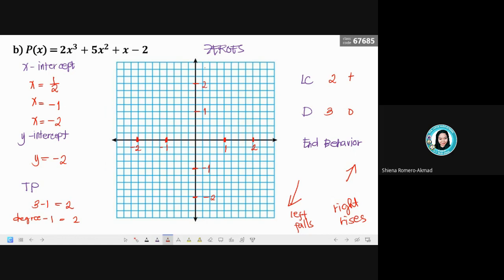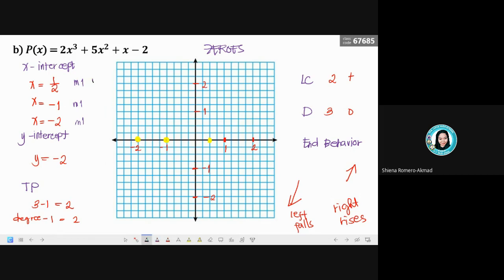Okay. So, next is, we are going to plot the points. So, we have negative 2. So, dahil 1 lang yan lahat, ang multiplicity nila, negative 1 and positive 1 half. So, ito yun. So, makikita nyo, ang multiplicity nila is 1.